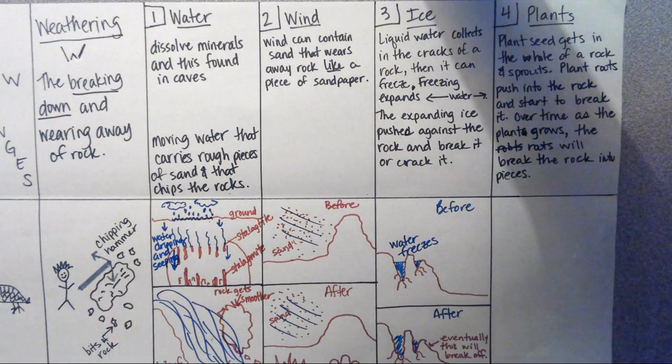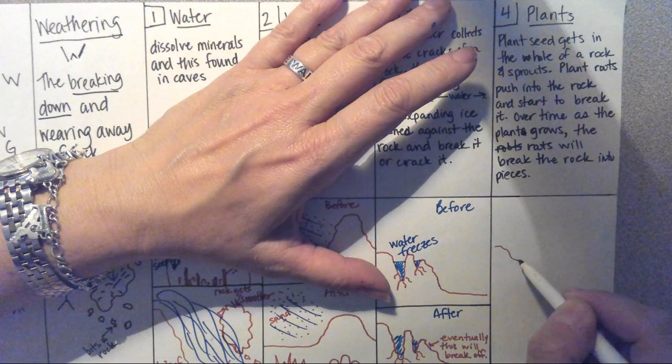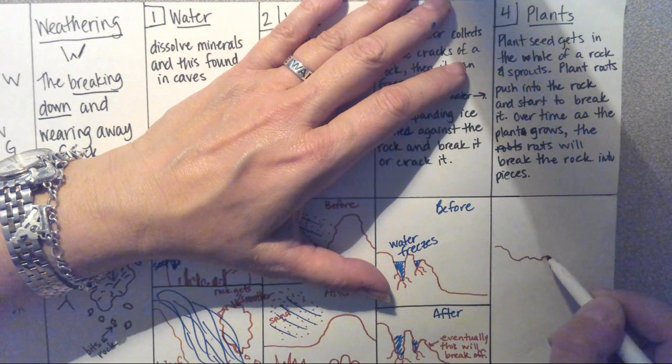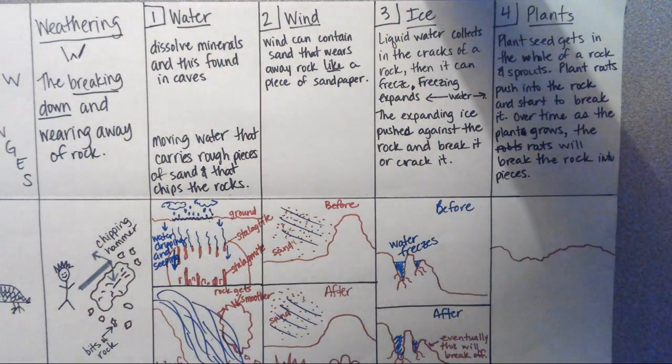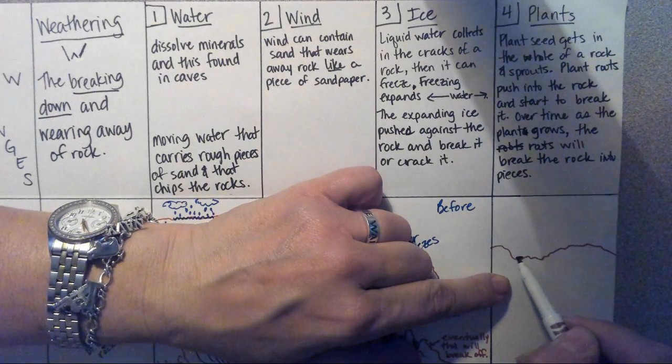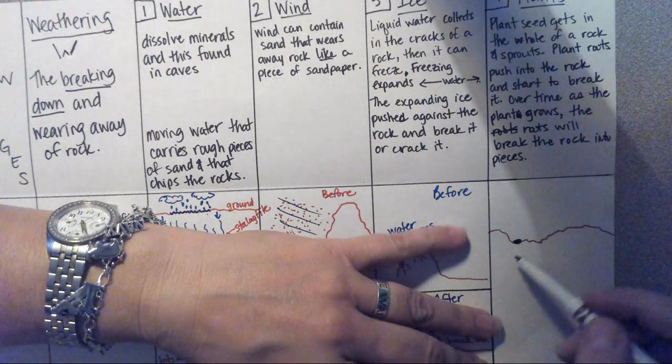So we have our rock, right? We have our rock. It's got a little hole in it. Our little plant seed. Okay? Starts to grow, right?